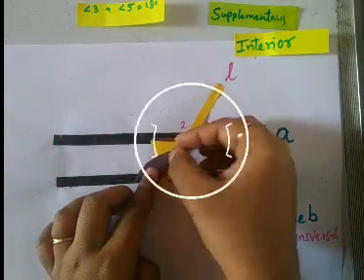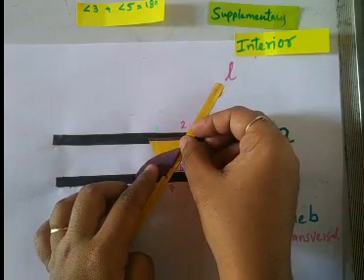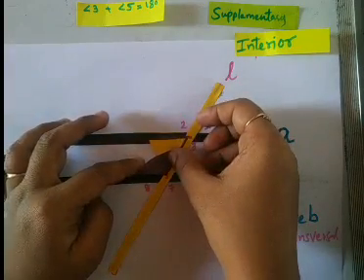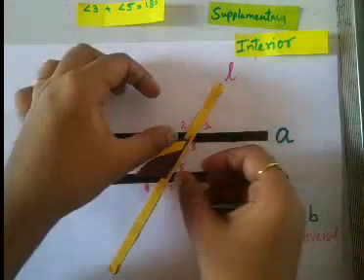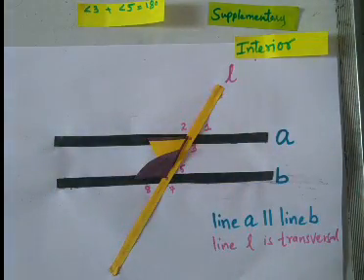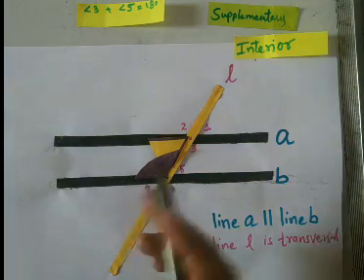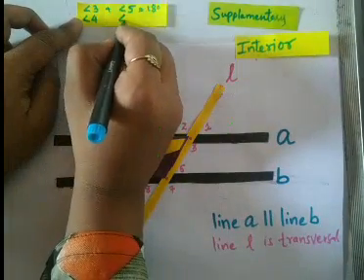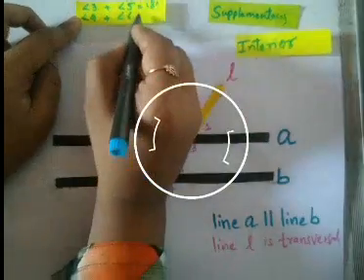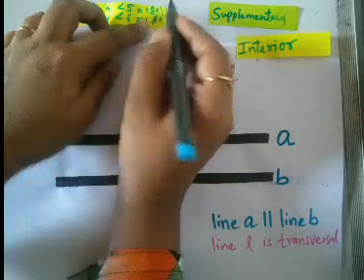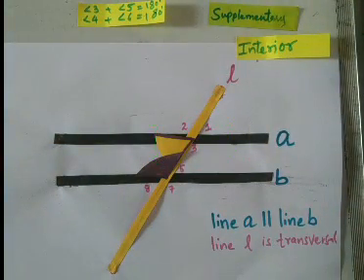So angle number 6 would be the interior angle of angle number 4. These two would be interior angles to each other. So I can write angle number 4 and angle number 6 are interior angles, so their sum would be 180 degrees.